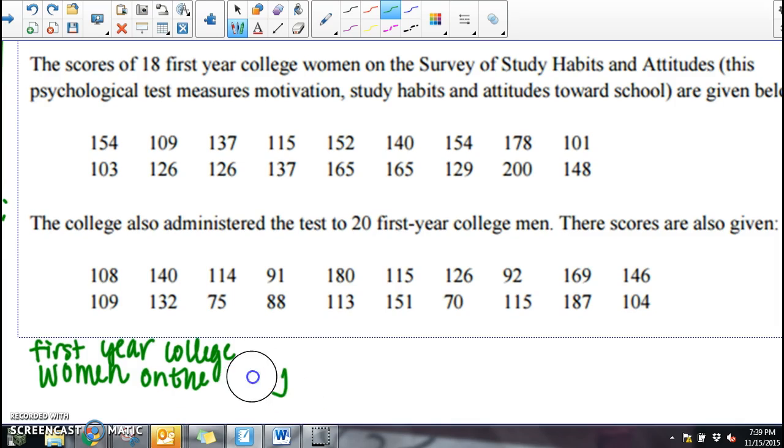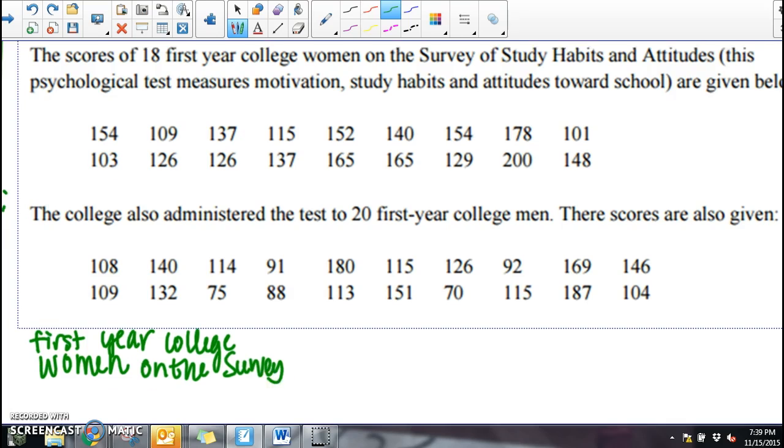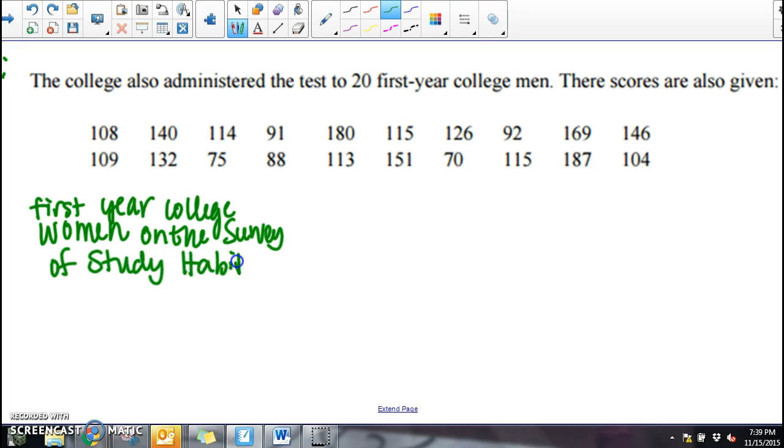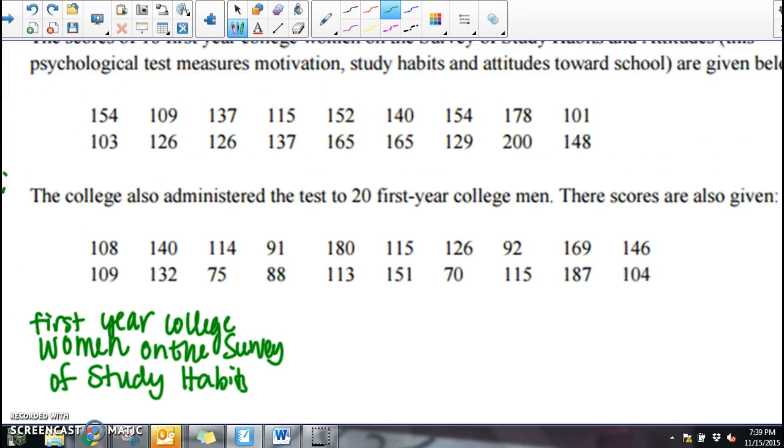And you can make that much shorter, but that will be our title.